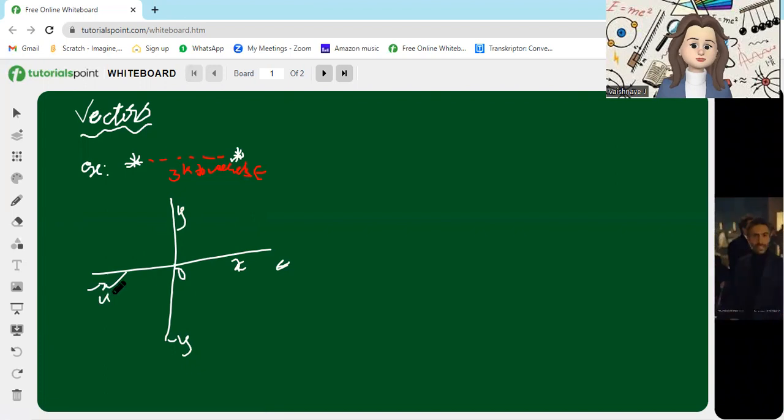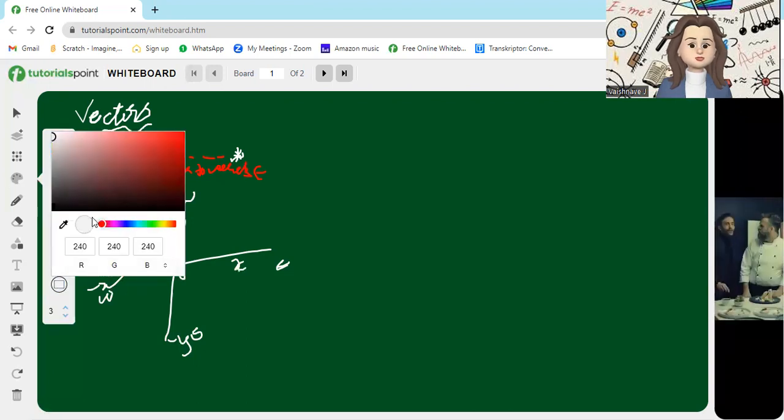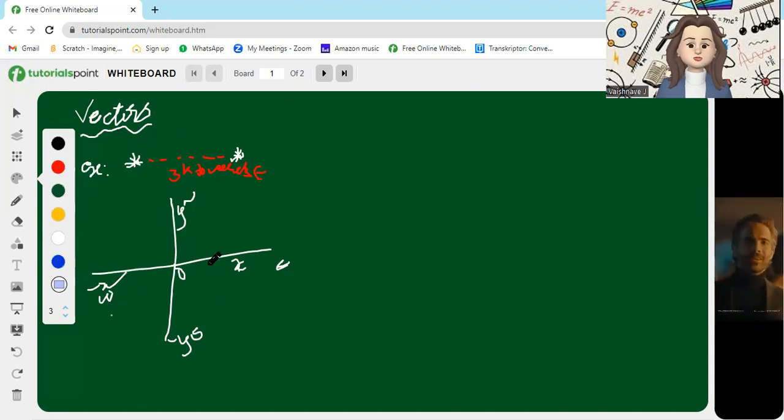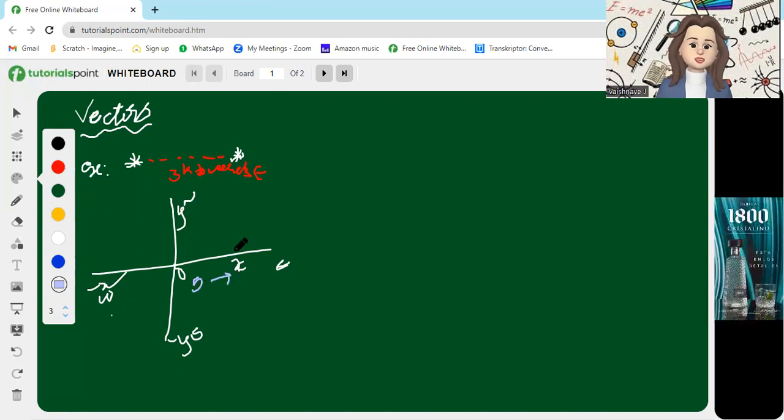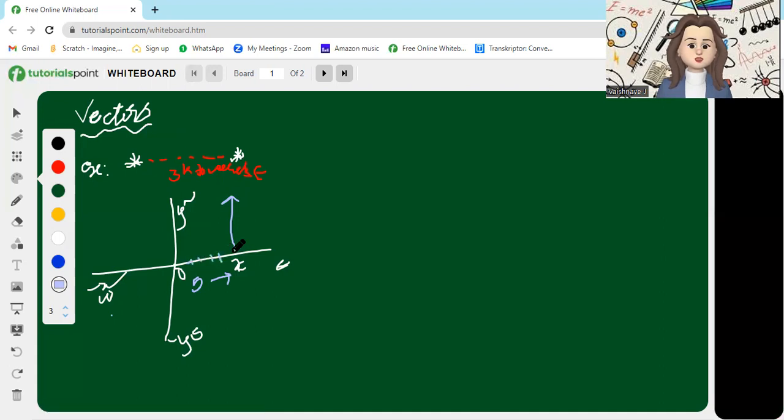East, west, north, south. So when a person says a particle moved 5 units towards east and 7 units towards north, they're telling that it went 5 units in x: 1, 2, 3, 4, 5.